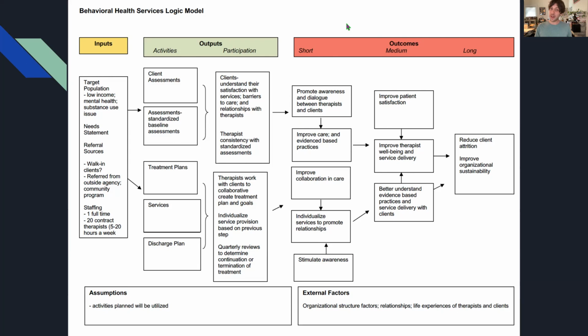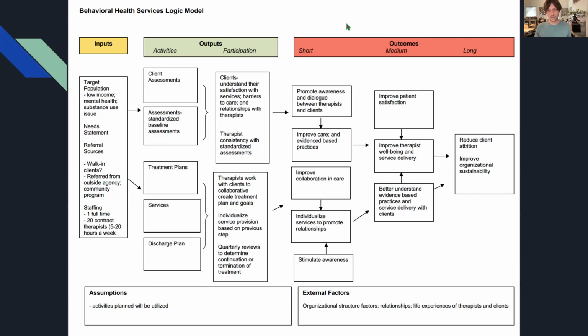When we talk about external factors that influence all of these, I spoke briefly about pre-service education, and we can think about accreditation standards. If we have psychologists and counselors and social workers all offering care, they're all going to be informed by different accreditation standards for different disciplines, and that all plays a role into service provision.